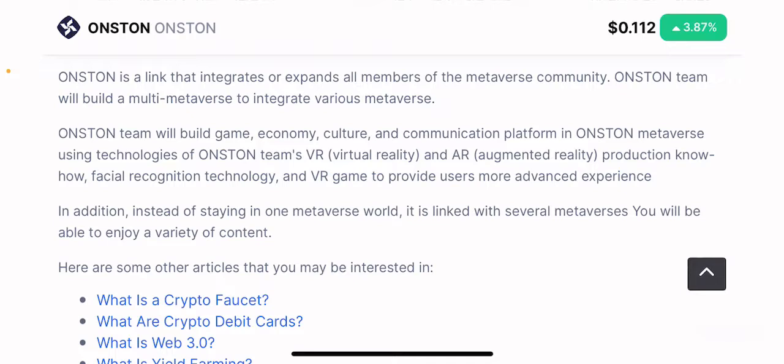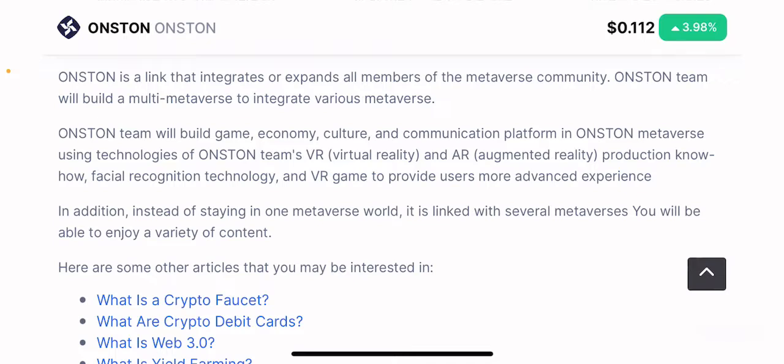Because if you take the current scenario, for example, there is Sandbox, which is an independent metaverse, Decentraland, which is an independent metaverse, Axie Infinity, and so on and so forth. There's a lot of independent metaverses which creates siloed metaverse projects, right?